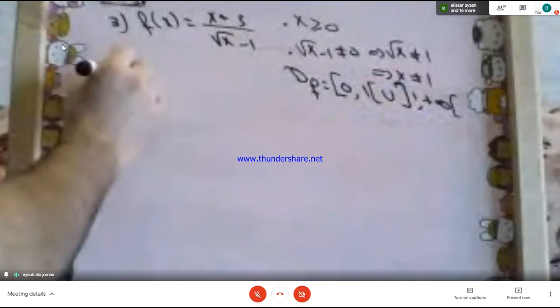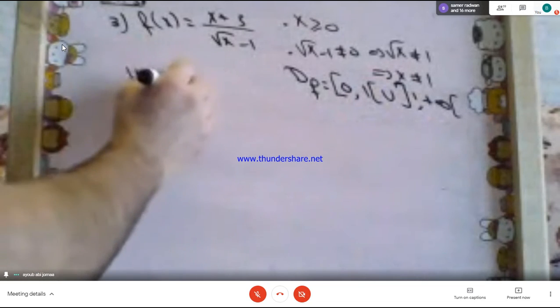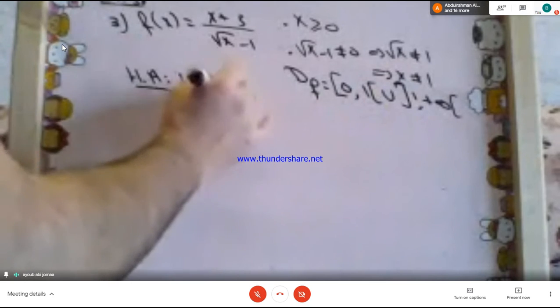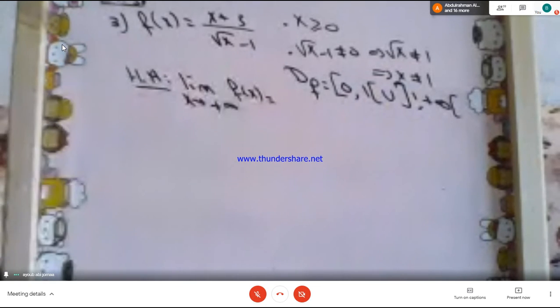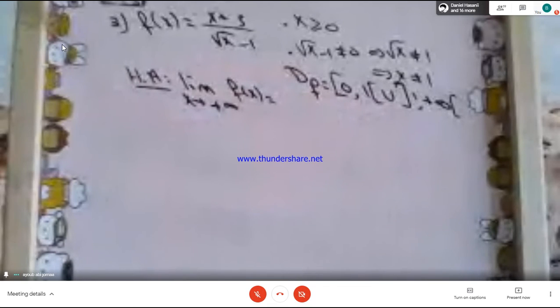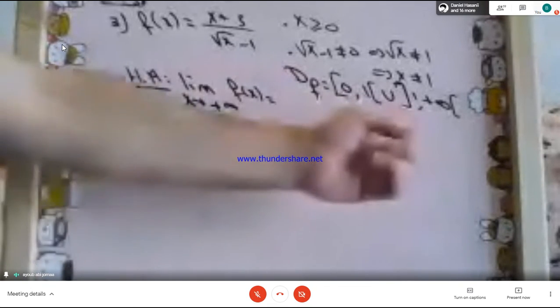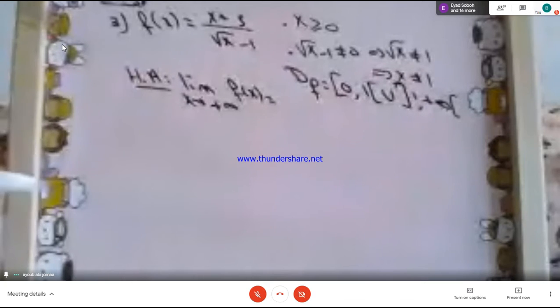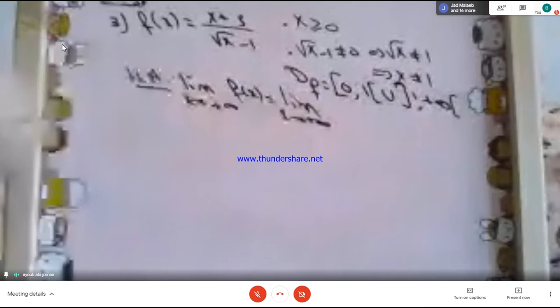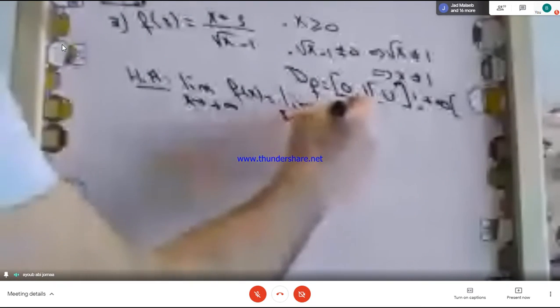For the horizontal asymptote, you would find the limit as x approaches positive and negative infinity, but we have only positive infinity, because we don't have negative numbers in the domain. In fact, it is the limit as x approaches positive infinity of x over radical x.